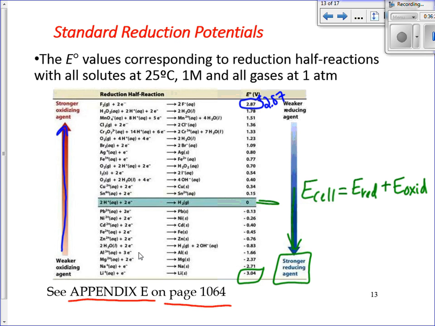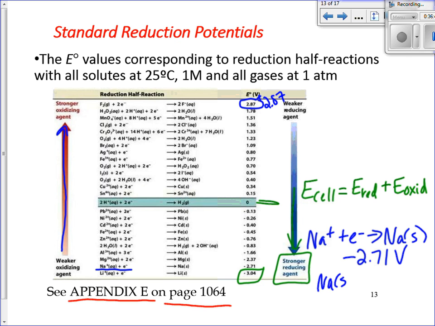So say for instance down here with this sodium one, sodium plus an electron being reduced gives you sodium solid, and its value is negative 2.71 volts. In order to make it an oxidation value, I would have to flip it, so I would make it sodium solid going to sodium plus and an electron. When I do that, that changes the sign. This now becomes a positive 2.71 volts.